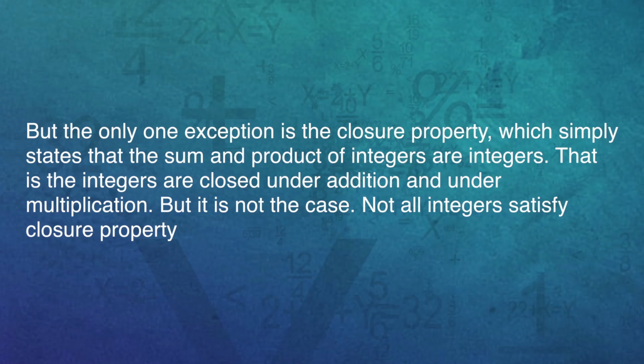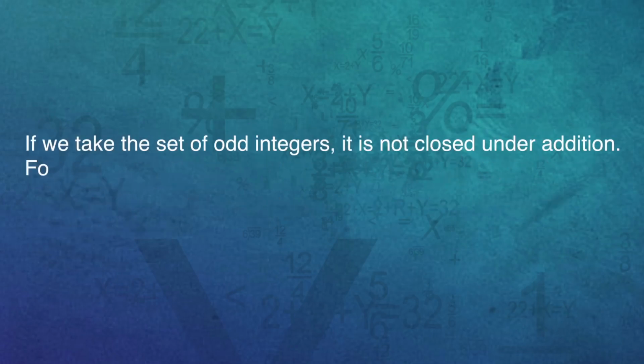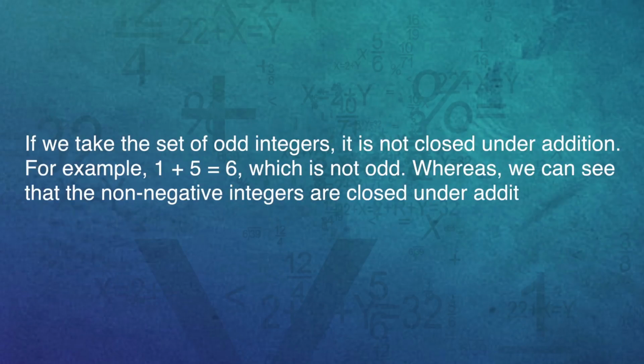Not all sets of integers satisfy the closure property. If we take the set of odd integers, it is not closed under addition. For example, 1 and 5 are both odd integers, but 1 plus 5, that is 6, is not odd. Whereas, we can see that the non-negative integers are closed under addition and multiplication.